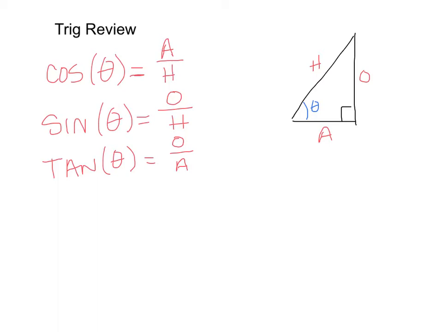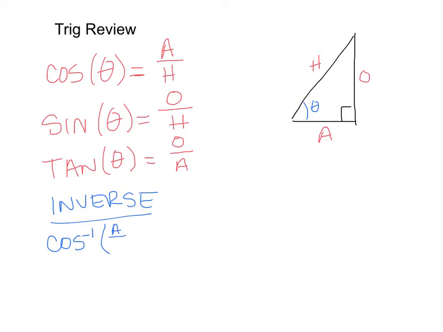Now, we also sometimes don't know the angle, and so we need to go backwards, and we're going to find the angle. To do that, we need to use inverse trig. It's really very similar to the original ones, except in this case, we're going to say the inverse cosine of the output. You know how when we found inverse, we switched the input and the output.